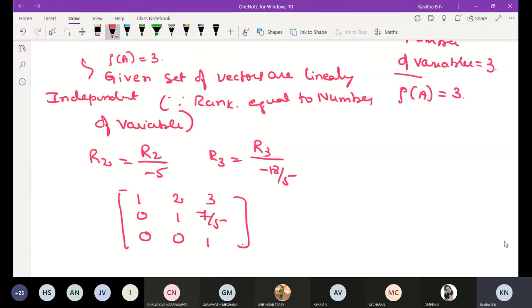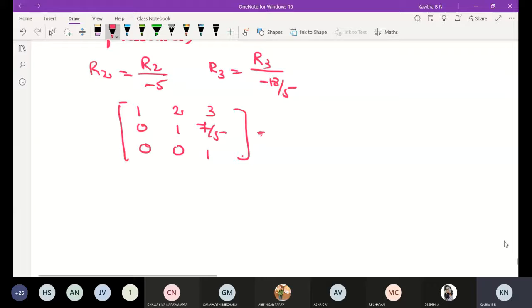Then again, observe, we have to find the RREF, the reduced echelon form. Using this element we have to make this entry 0.